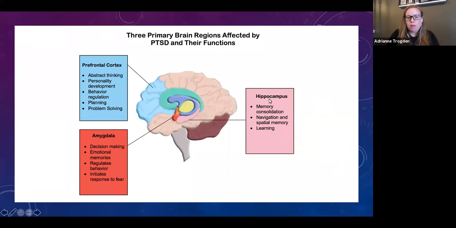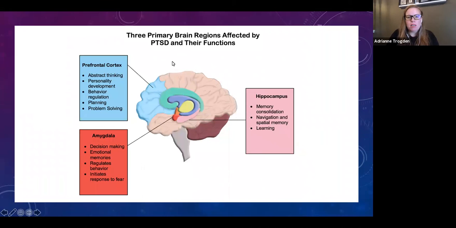Okay, so over here, we've got the hippocampus, which is this little pink sliver next to the amygdala, which is responsible for memory consolidation, navigation, and spatial memory and learning. So when you think about kids that have experienced trauma, like some of those ACEs, learning is impacted. And if you work with kids in counseling, you probably have seen that sometimes they struggle to learn and stay developmentally on pace with their peers.